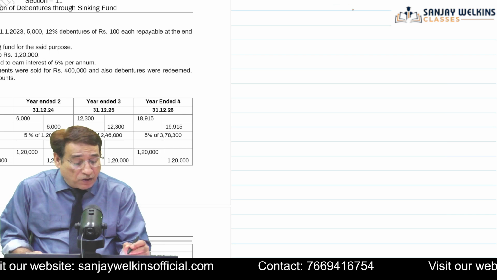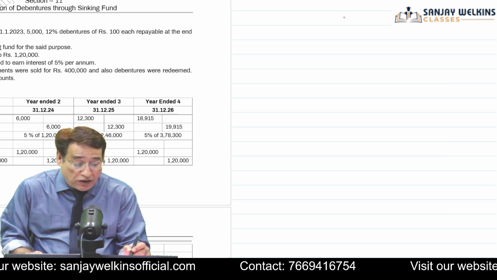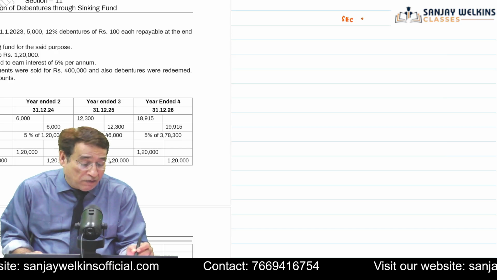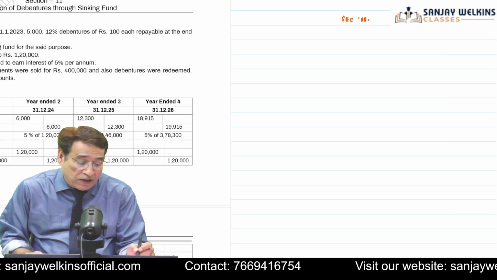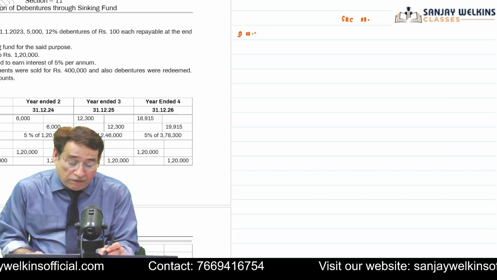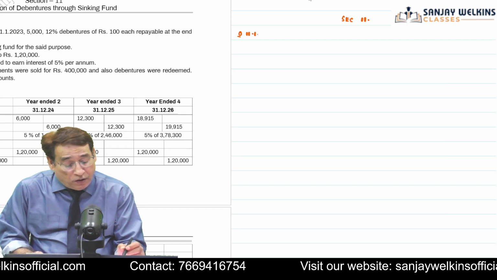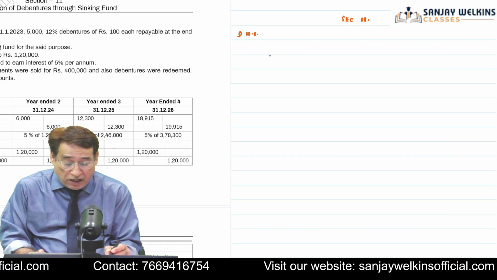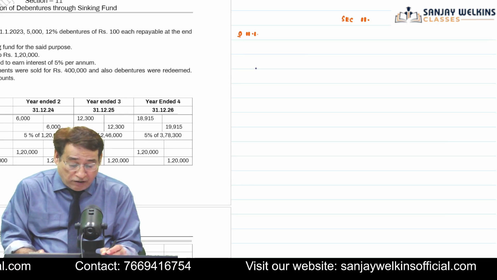This is your topic number 11, I think. So, here we shall write section 11, and under section 11, we are picking up question number 11.1. In order to understand this particular question, kindly pay attention.